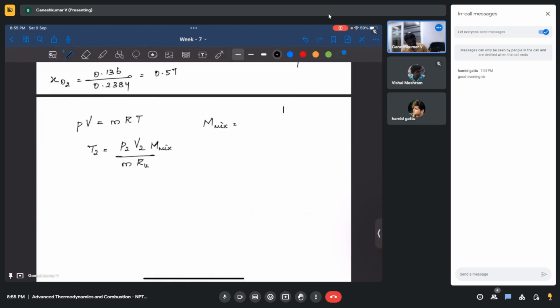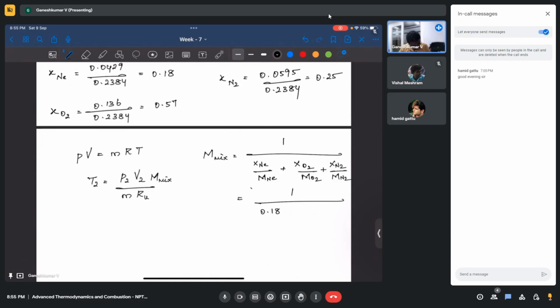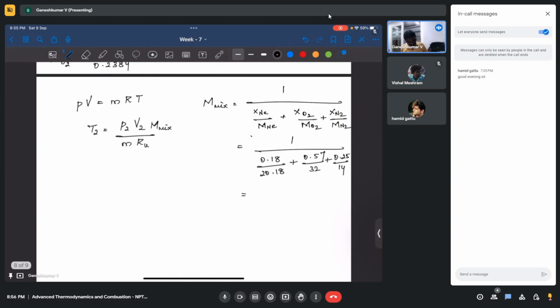Let's use that itself: 1 divided by x of Ne by molecular weight of Ne plus x of O2 by molecular weight of O2 plus x of N2 by molecular weight of N2. So it's going to be 1 divided by 0.18 divided by neon 20.18 plus O2 0.05 divided by N2 40.